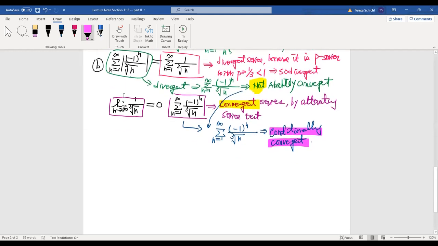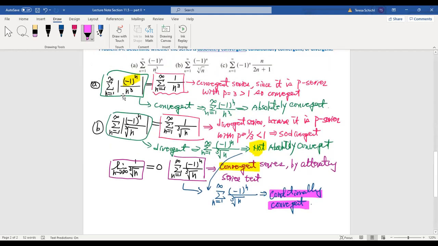Okay, all right. So now let's take a look at part C. Like we always say, you see these alternating terms, and now you put them into absolute values.